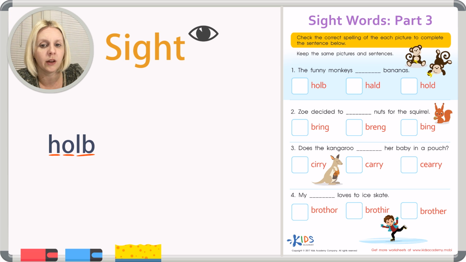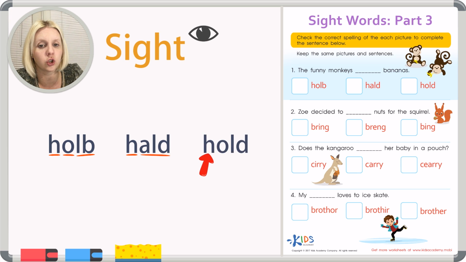Let's look at the next one. The next one is H-A-L-D, and this is pronounced hald. So that one could or could not be the correct answer again, but it doesn't sound correct. And the next one is H-O-L-D, and the O is often pronounced like an ah sound when it is correct.